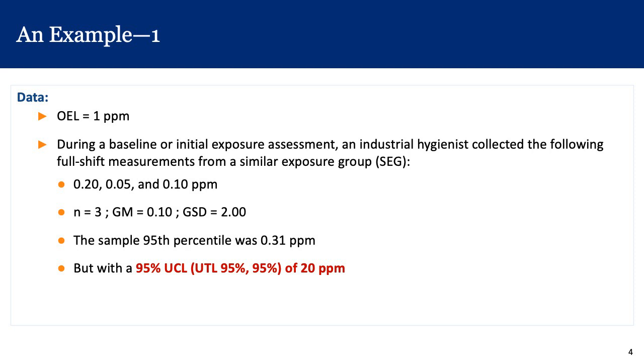So if the hygienist just looked at the 95th percentile point estimate, he would conclude that this is a category 2 exposure. So the exposures are between 10 and 50% of the OEL. So this is a category 2 exposure. But the upper confidence limit suggests that the 95th percentile could be as large as 20 parts per million, so well into category 4. So what should the industrial hygienist do?